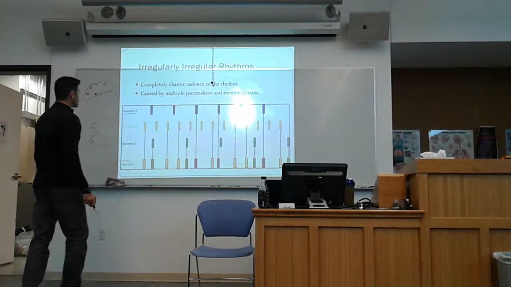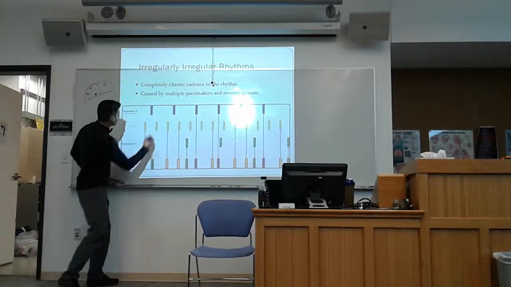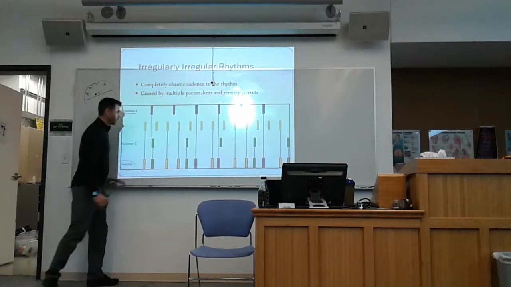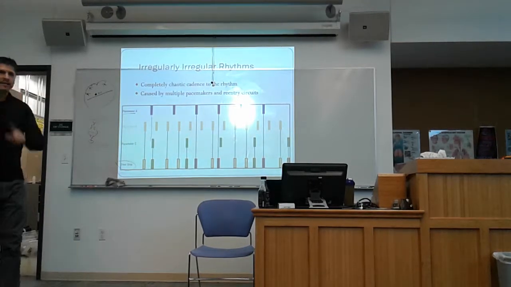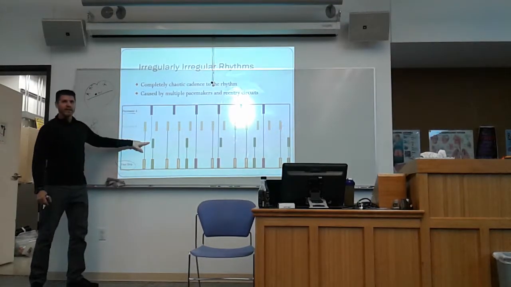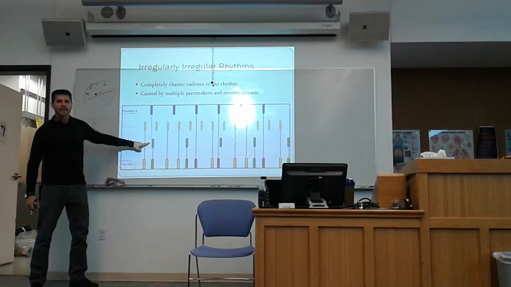Now, during its refractory period, you note that this blue one fired a skosh before that green one, didn't it? But when that blue signal reached the AV node it was still refractory, so it couldn't respond to that signal.